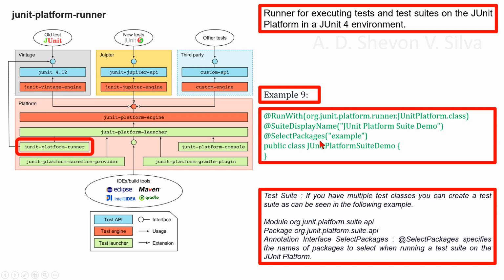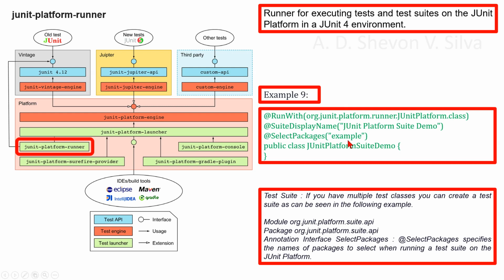If you have multiple test classes, you can create a test suite as can be seen in this example. The JUnit platform suite demo will discover and run all tests in the example package and its subpackages.